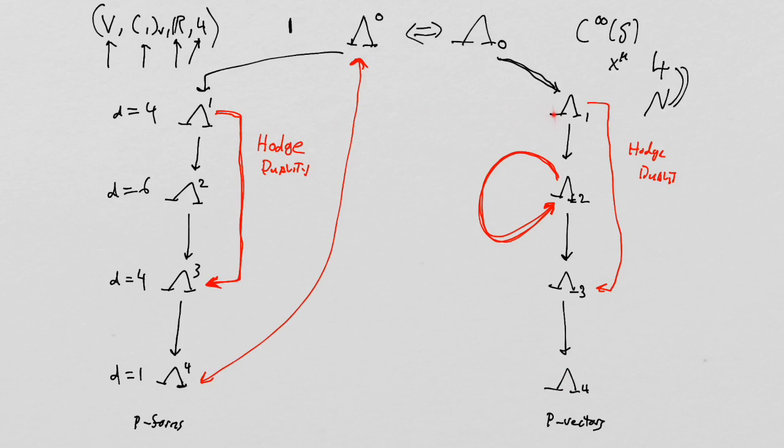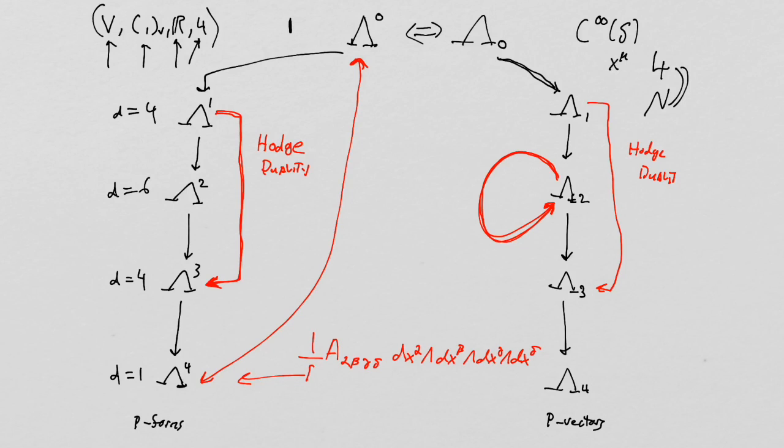Now this connection is actually pretty simple, right? This connection is just driven by this very standard idea that anything in here can be written as A alpha beta gamma delta, dx alpha wedge dx beta wedge dx gamma wedge dx delta.